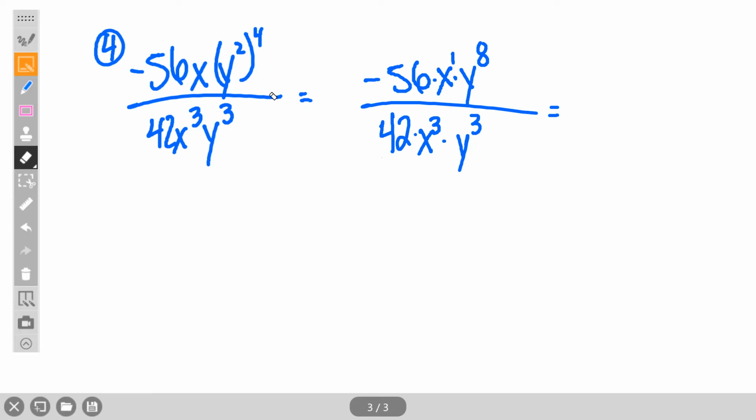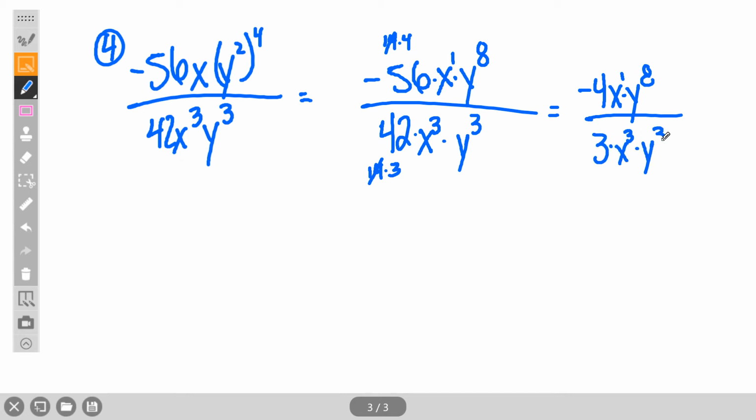Yeah, 14 does go into both of them. This is 14 times 4, and this is 14 times 3. The 14s would cancel. So that would be negative 4x to the first, y to the 8th, over 3x cubed, y cubed.